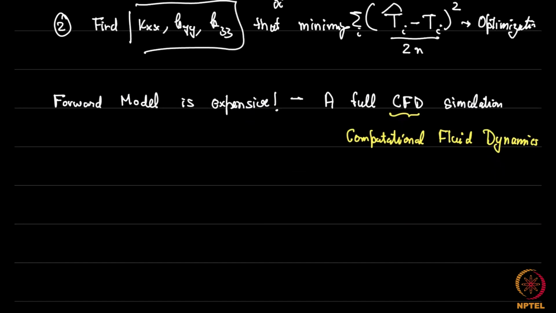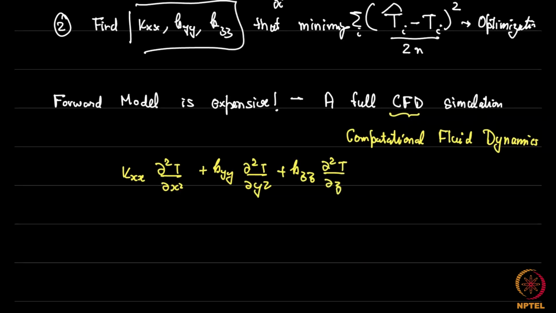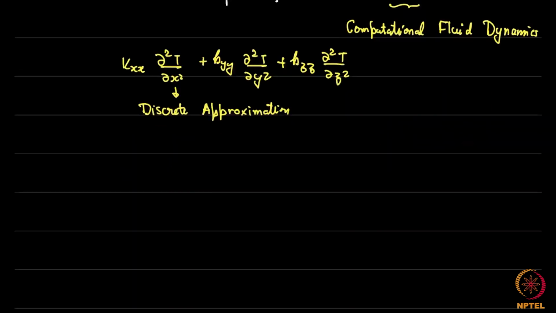Idea is simple. If you have an equation like Kxx del square T del X square plus Kyy del square T del Y square plus Kzz del square T del Z square, all these are replaced by discrete approximations. What's the example of a discrete approximation? So the idea is simple.